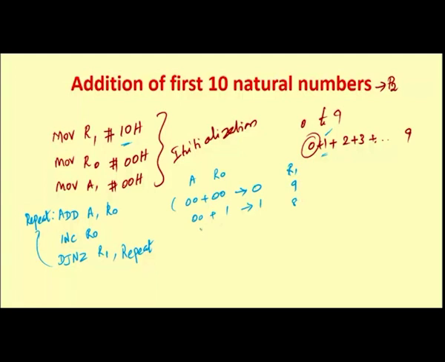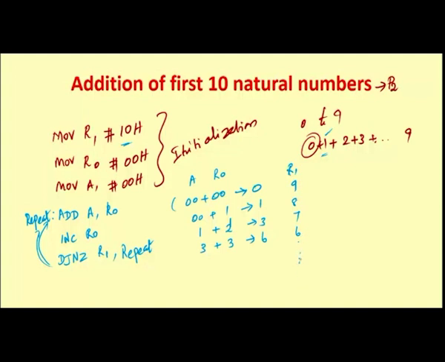Now, add with accumulator, the accumulator value is 1, the R0 value is 2, it will be 3, right. Then it will check, decrease the value of R1 which is 7, 7 is not equal to 0, then again it will do the process, the accumulator value becomes 3, then R0 becomes 3, the value is 6. So, now it decreased to 6.